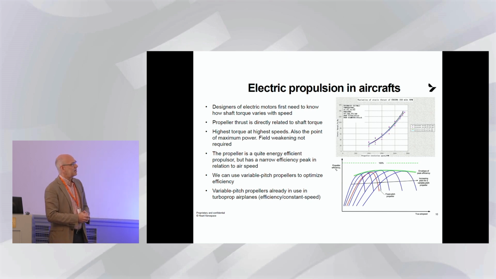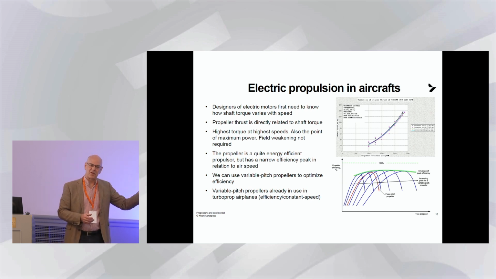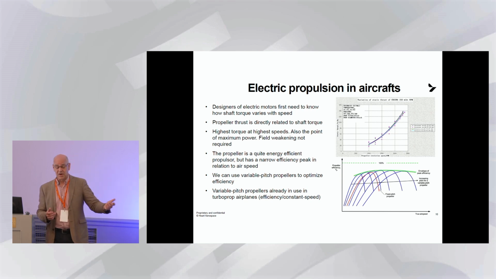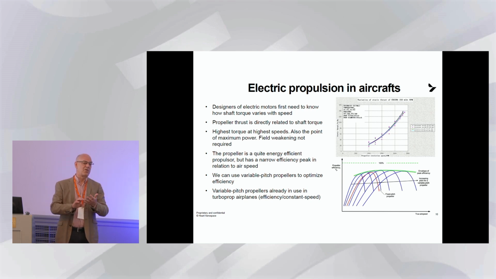And the maximum efficiency of the propeller is around 85%. So it's not that bad at all. Talking about efficiency, for the motor and the inverter together, we require at least 96% efficiency.